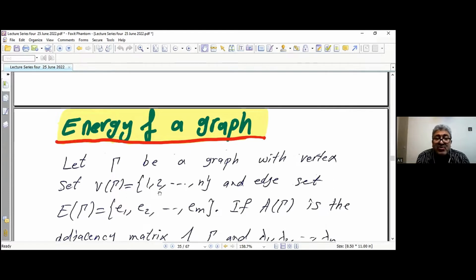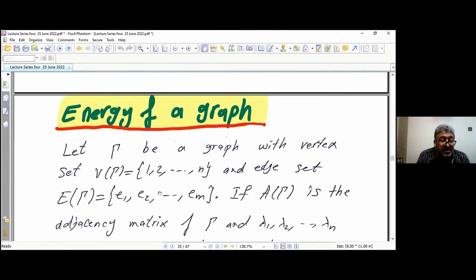The energy of a graph comes from chemistry, and it has many applications in chemistry, but we can just give some examples of graphs coming from chemistry.